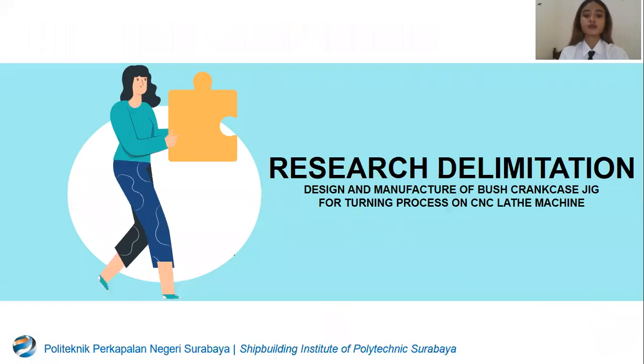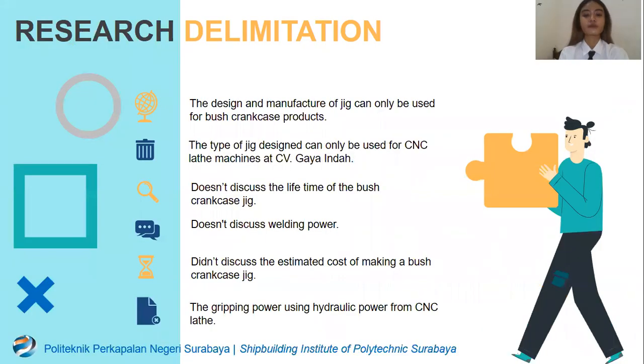After discussing the research significance, we will discuss the research delimitation. The limitations of the problems in this final project proposal include: first, the design and manufacture of the jig can only be used for bus crankcase products.